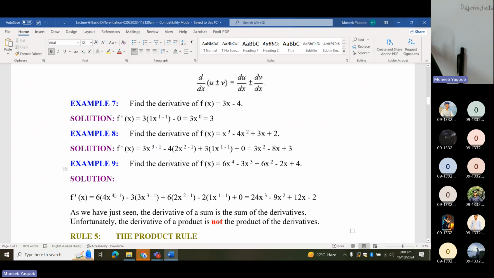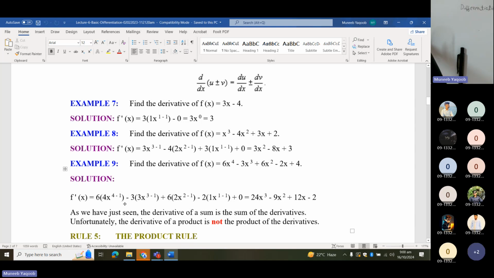Similarly, for minus 3x cubed, we will take minus 3 common, and the derivative of x cubed will be 3 times x power 3 minus 1. Similarly, for 6x square, we will take 6 common, and the derivative of x square will be 2 times x power 2 minus 1. And similarly, the derivative of minus 2x will be minus 2 times x power 1 minus 1, and the derivative of plus 4 will be 0.